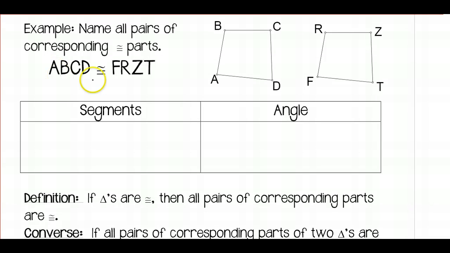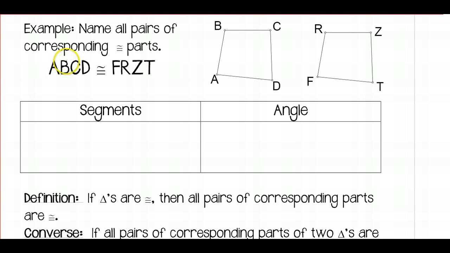So we're given that these two figures are congruent. We've talked about segments being congruent. We've talked about angles being congruent. Now we're talking in this particular example about quadrilaterals being congruent. So quadrilateral ABCD is congruent to quadrilateral FRZT. The order that these are in is important.